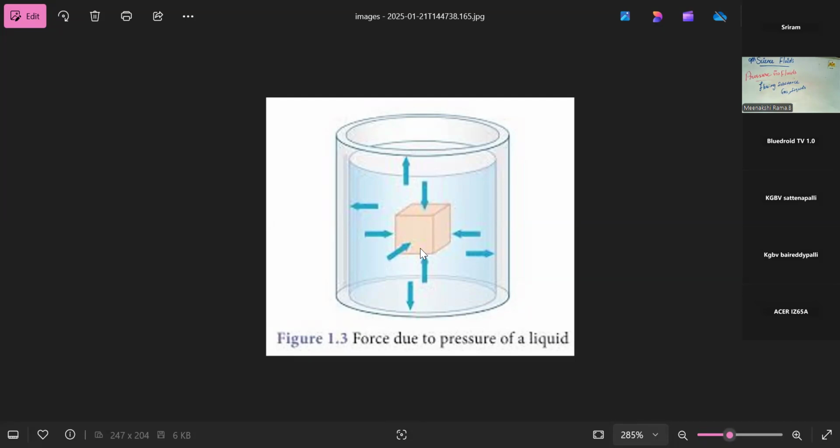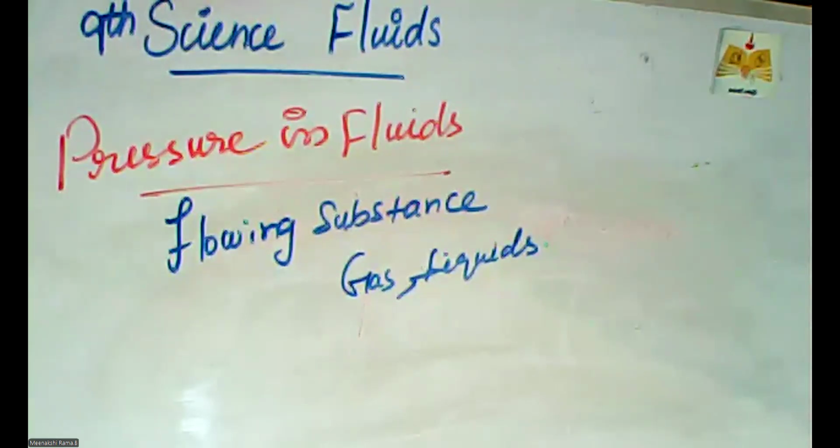When we press the material into the liquid, the liquid particles move into all that area because of the pressure. So the molecules are raised by the pressure.